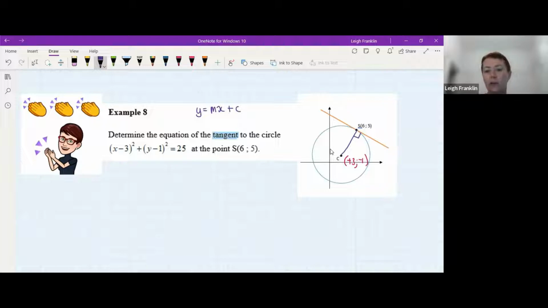What can we use to link the information that we've got about the gradient of the radius to the gradient of the tangent? So in other words, the coordinates at the center and the coordinates at S. How am I going to link that to the gradient of the tangent?